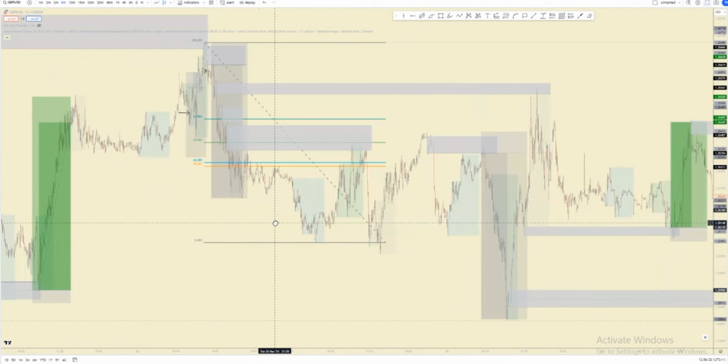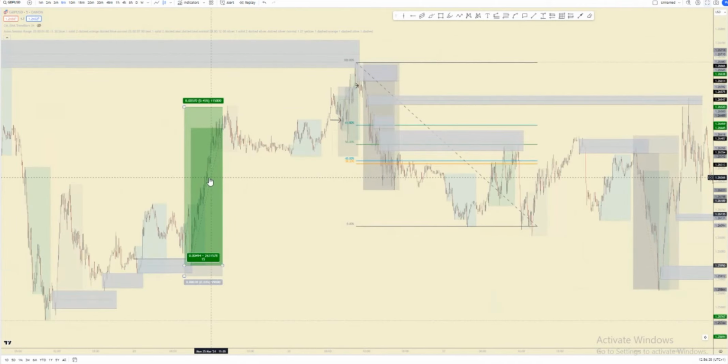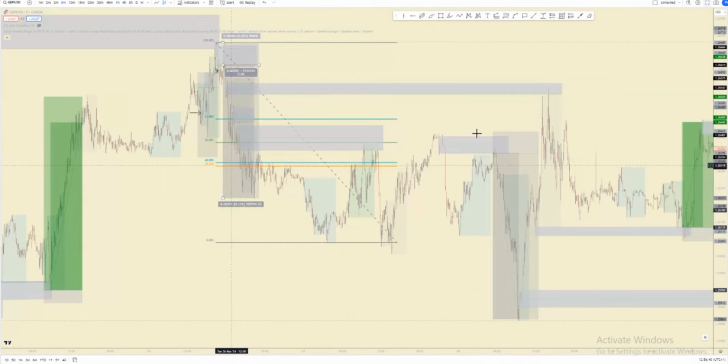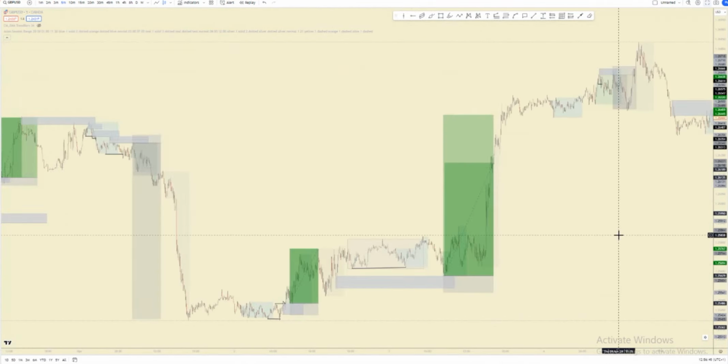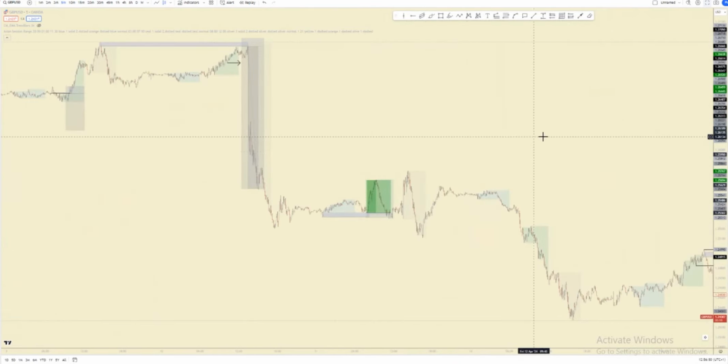That is 11, 12, 13. Sorry, 12 wins, 3 losses, because this was a loss. 12 and 3, 13 and 3, 14 and 3. That's out of 17 trades, 14 wins, 3 losses.